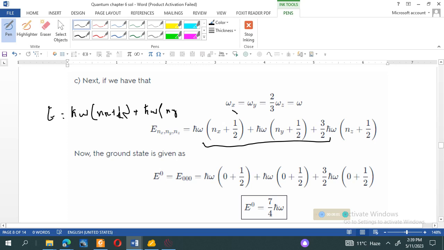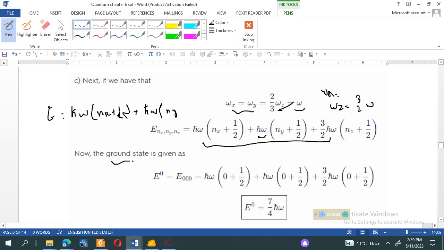And we are given that omega x is equal to omega y, which is equal to 2 by 3 into omega z. Let's call this omega, so it will be h cut omega and similarly h cut omega, and for omega z it is equal to 3 by 2 omega. So 3 by 2 h cut omega into nz plus 1 over 2.